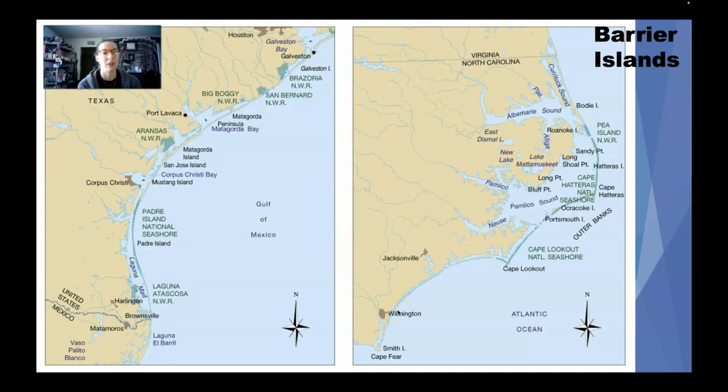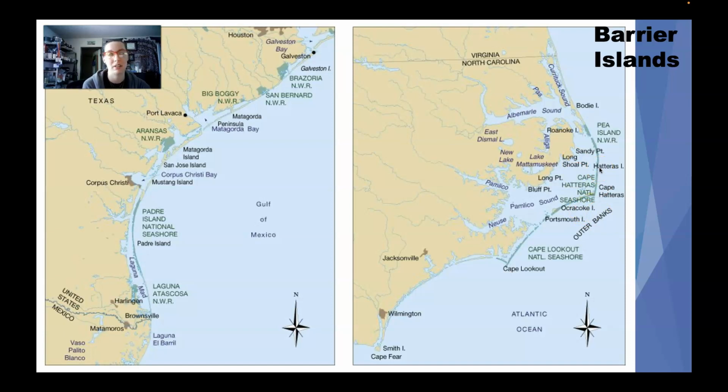So they do exactly what the name implies. They are a barrier for the mainland regions from wave action. So barrier islands are super, super important in this region, especially for hurricanes. So it's probably best to not be on any of these barrier islands during a hurricane, because you're going to get the brunt of the energy, at least the wave energy.